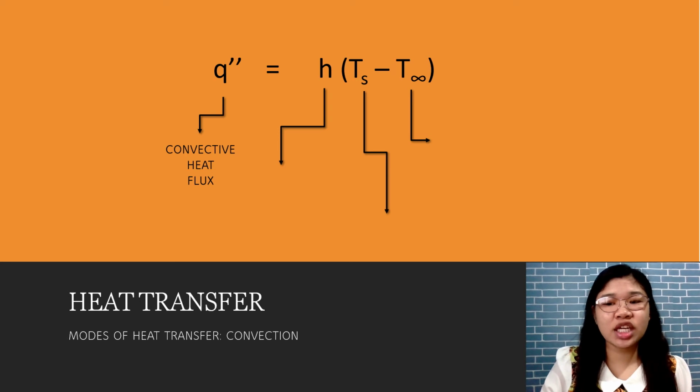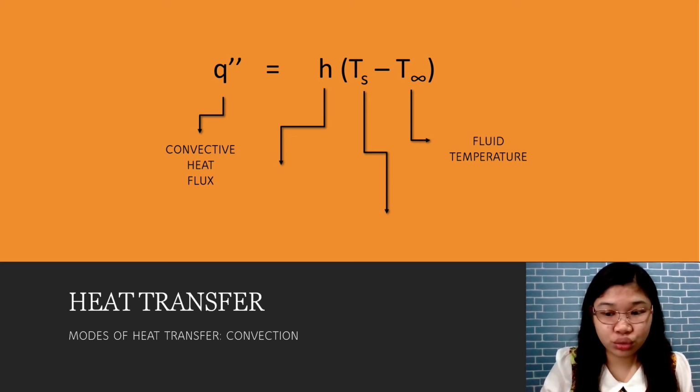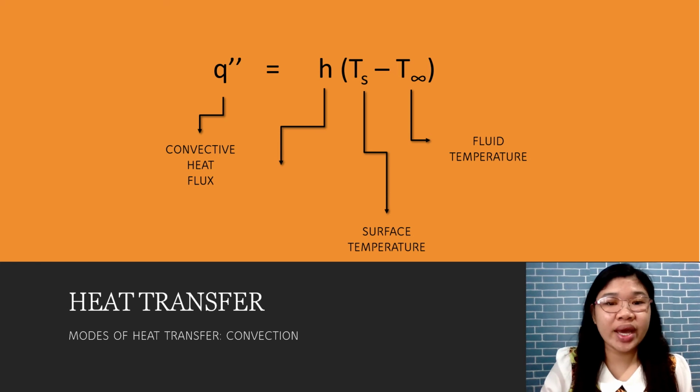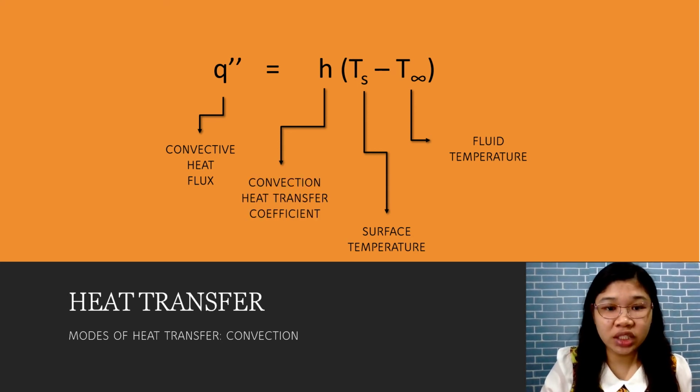This is proportional to the difference between the temperatures, where T infinity is the fluid temperature and Ts is the surface temperature. So again, the convective heat flux is directly proportional to the temperature difference, to be exact, the fluid temperature and the surface temperature. And then we have h, the convection heat transfer coefficient.